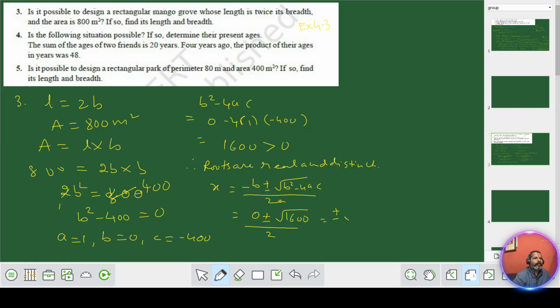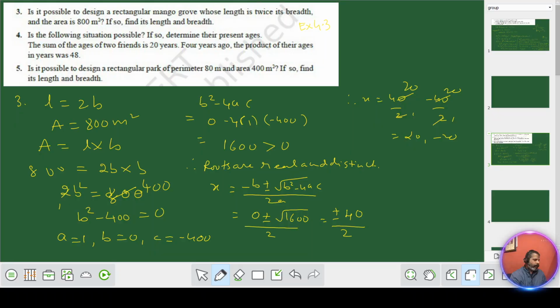So this becomes plus or minus square root of 1600, square root of 16 is 4, for 100 we get 10, so 40. Therefore x equal to 40 by 2 or minus 40 by 2, 2 ones are 2, 2 twenties are 40. Same way here also, so we get x as 20 or minus 20.